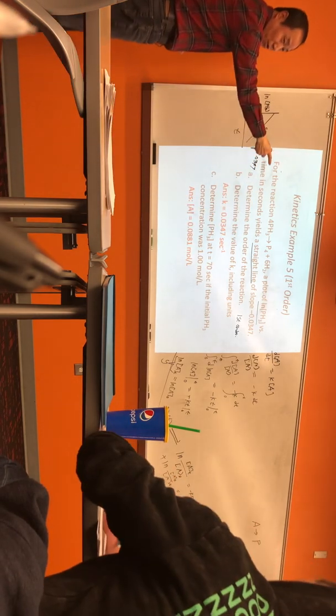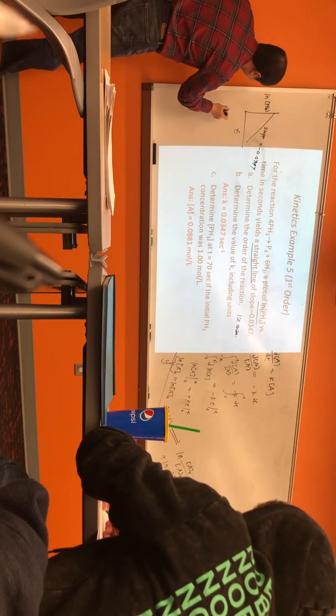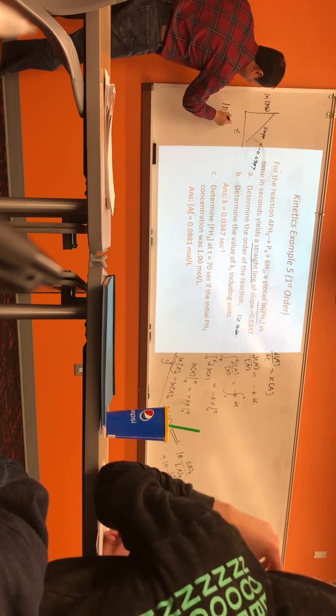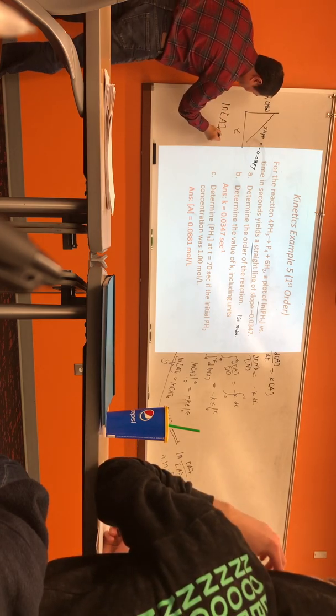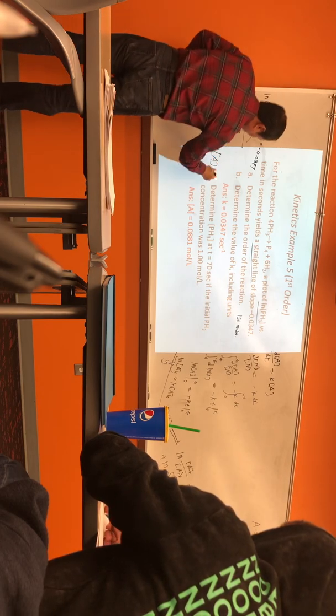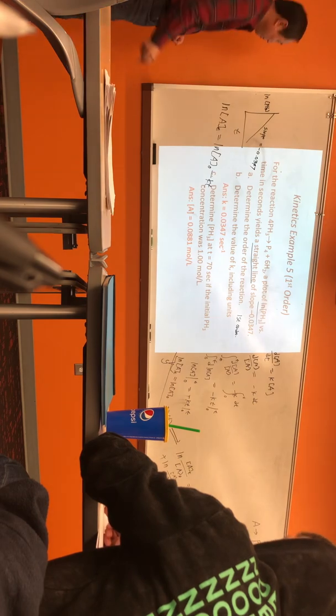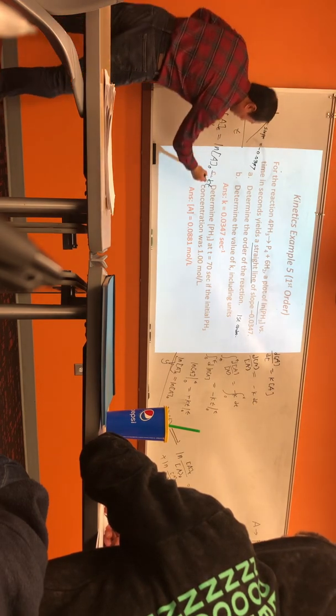The moment you recognize first order, you're going to write the integrated rate law as ln At equals ln A0 minus kt. Why did you memorize it? This is y, this is x.